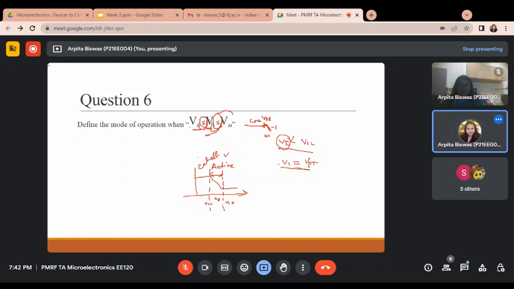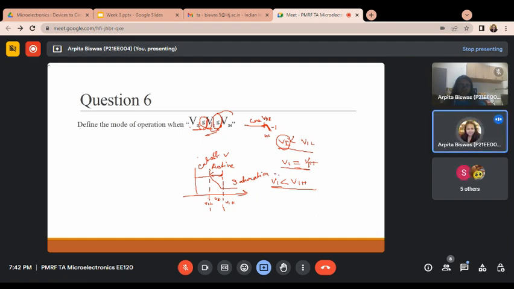Okay. And if it is greater than VIH, in which region? Active region. The saturation. Just a minute, sorry. If V input is less than VIH, it is in active region.